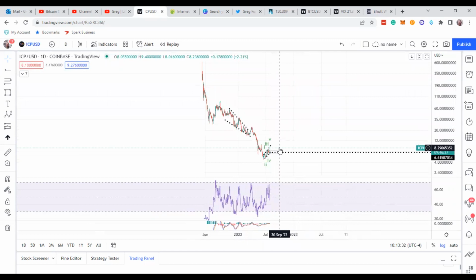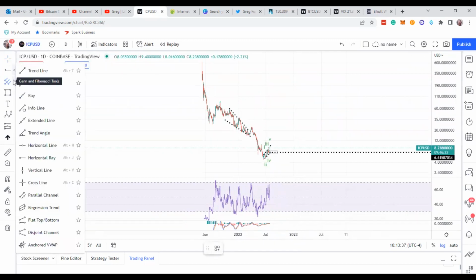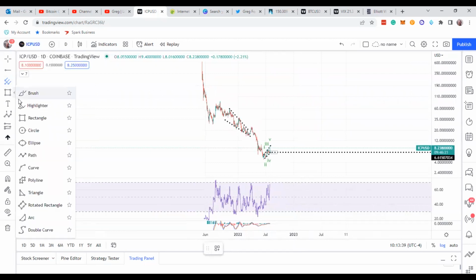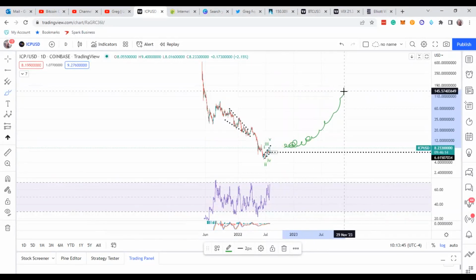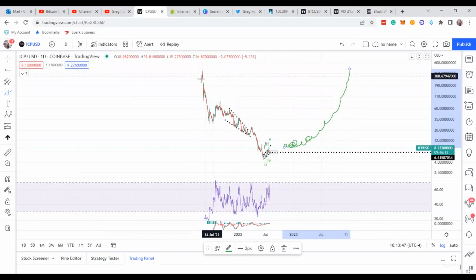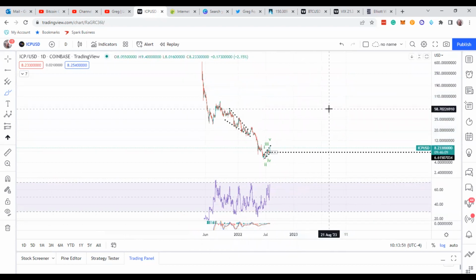In my opinion, since it's already been to those price targets before, guys, it's probably going to be a lot easier for a coin like this to get in there and go back up to these areas where it was before. Okay, especially with a coin like ICP or Internet Computer, it's strong. It's a strong coin per se when it comes to some fundamentals and looking into it, who's behind it.